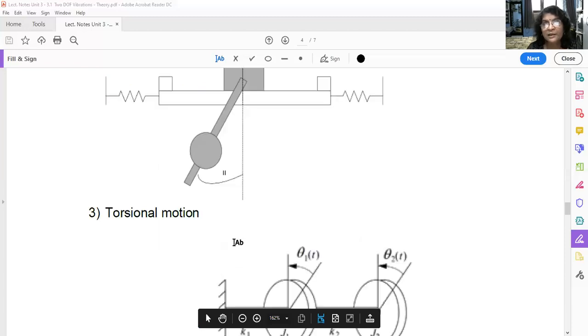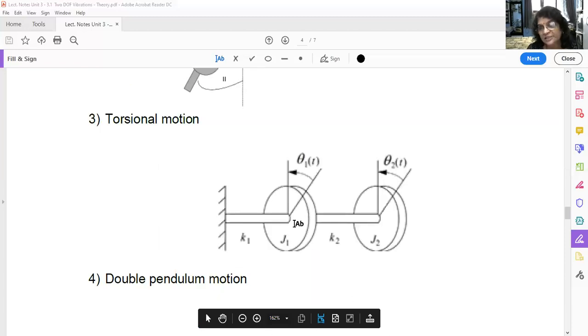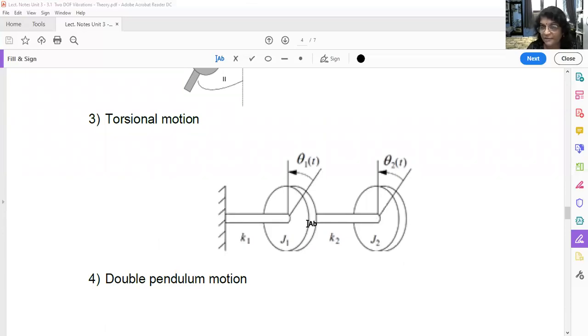Then this is the example of a 2 rotor system, like the front wheels and rear wheels of our car, connected with a rod. So these 2 rotors can have torsional vibrations separately. That's why this is known as a 2 DOF system. So you require 2 parameters to describe the motion of both the rotors.